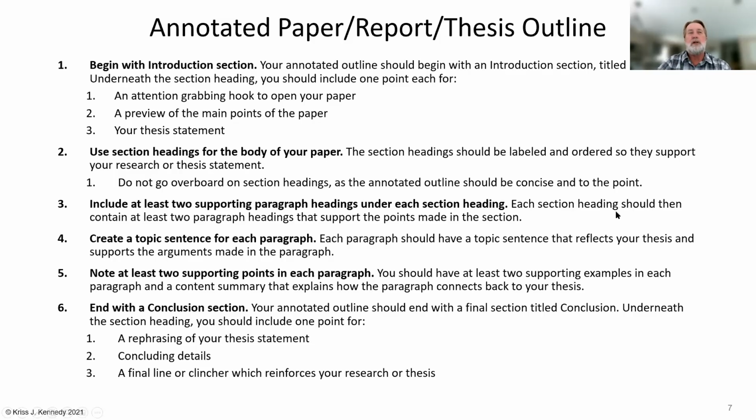So each section heading should have at least 2 supporting paragraph headings under them, and then the intent of those supporting paragraph headings. Create a topic sentence for each paragraph. So this will help you with your flow. It'll help you understand how you want your paper to read, kind of the flow of your paper, and the intent of each section and paragraph and supporting paragraphs of each of those subsections.